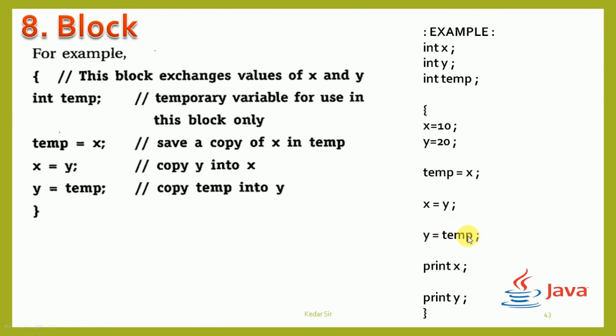The temp value is 10, so the new value of y is 10. Then you have to print that. Print x: the new value of x is 20, and print y: the new value of y is 10. This way you swap the values by using the block of statements. Use the curly bracket to start the block and end the block with the curly bracket. This is one example of the block.